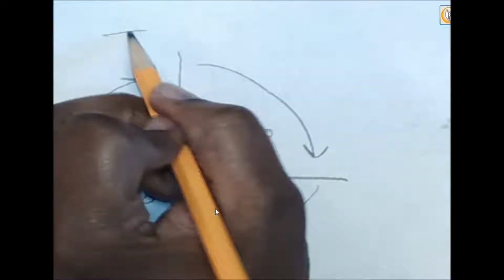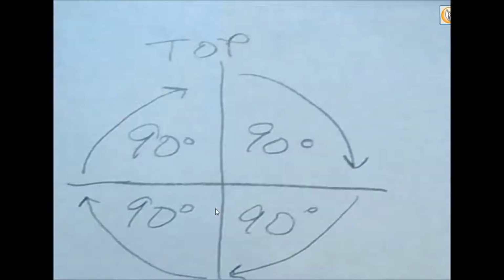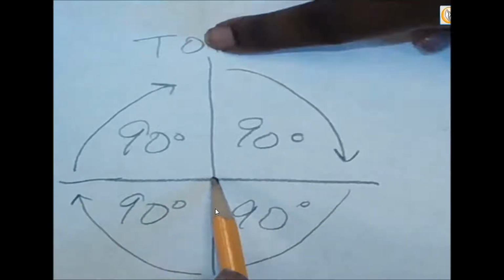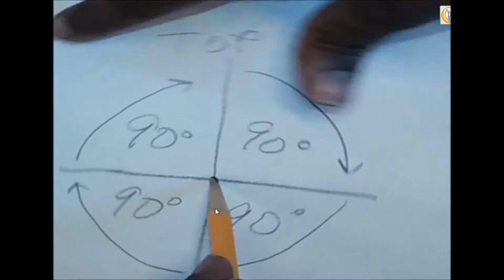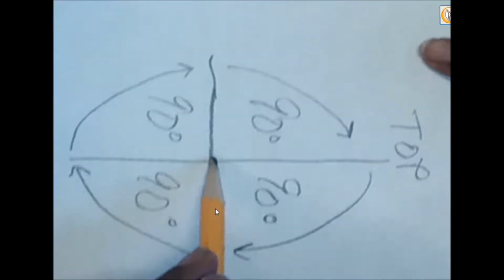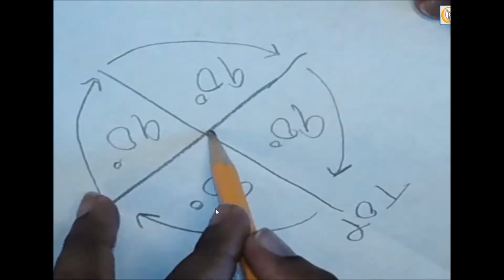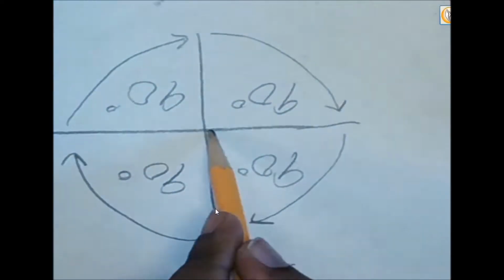But you know what? Let me show you something up here. Let me put top, so you'll have some perspective of where we're talking. Okay, so here's the top. When I turn 90 degrees, top goes to the side. When I turn another 90 degrees, which is a total of 180, top goes to the bottom.